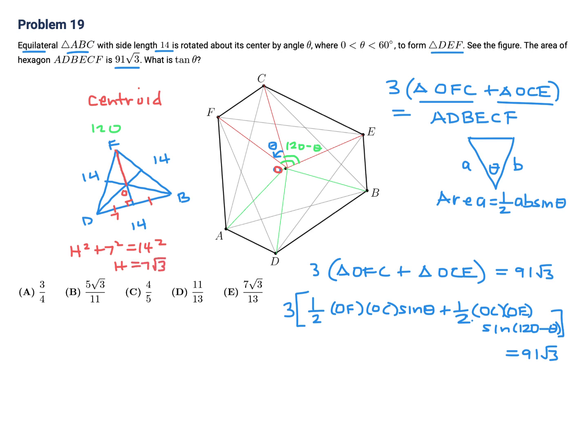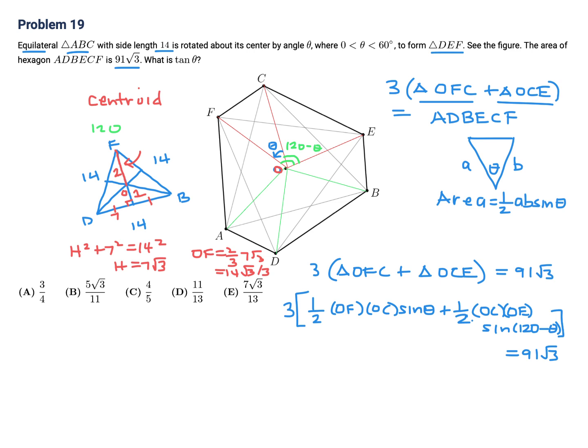I just want that red part. But the good news is that the centroid has a property that it's in the ratio 2 to 1. So that red part is really 2/3 of the total. So that means OF would be 2/3 of that 7 root 3. So that's going to be 14 root 3 over 3.